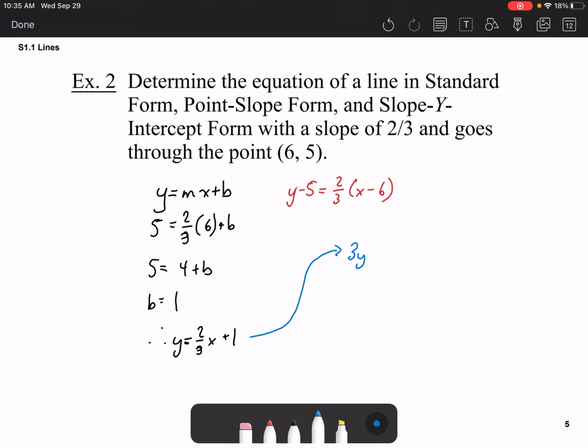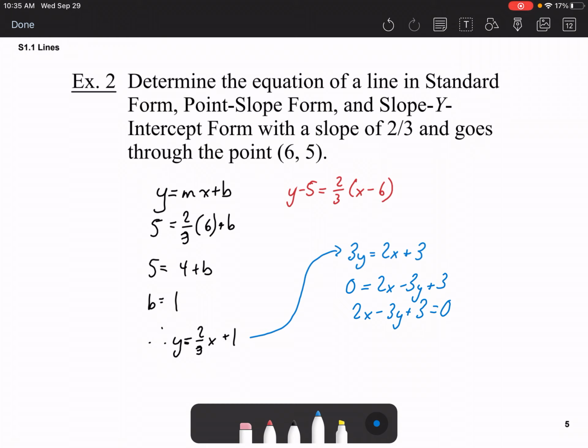So I got 3y equals 2x plus 3. Now I'm going to rearrange everything and move it all to the left-hand side. So 2x minus 3y plus 3. I move it to the right-hand side because that leaves the leading coefficient x as a positive. So 2x minus 3y plus 3 equals 0 is my standard form of my line.